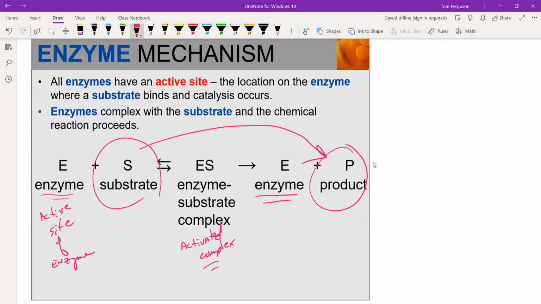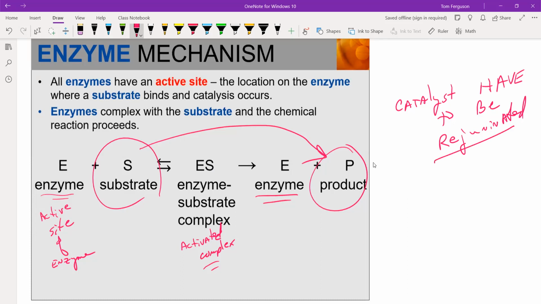So catalysts have to be rejuvenated. Otherwise, by definition, they're not a catalyst.